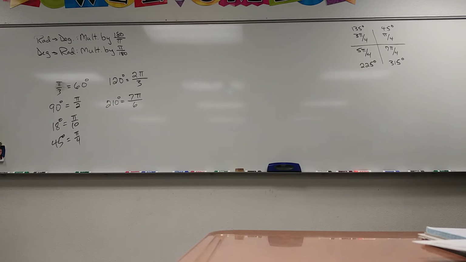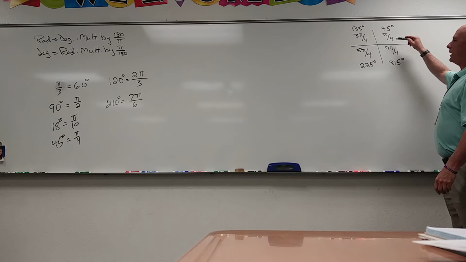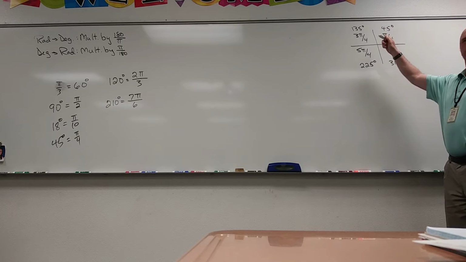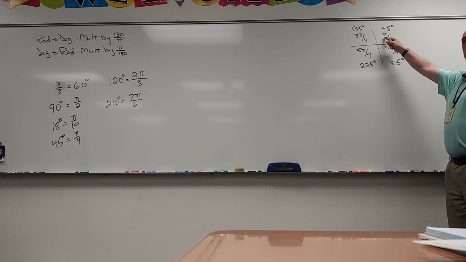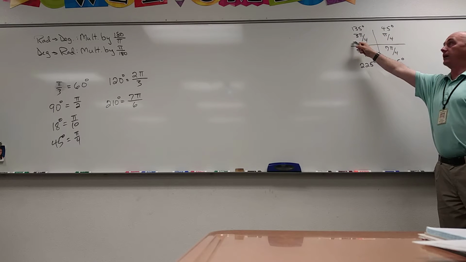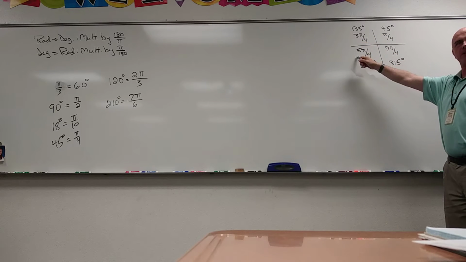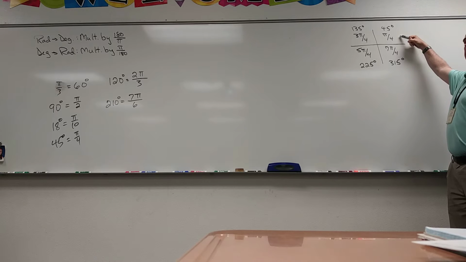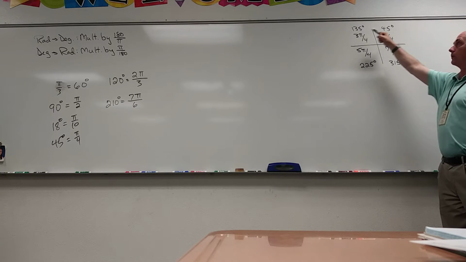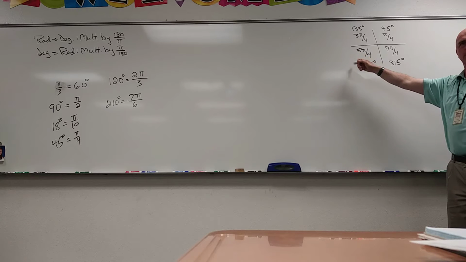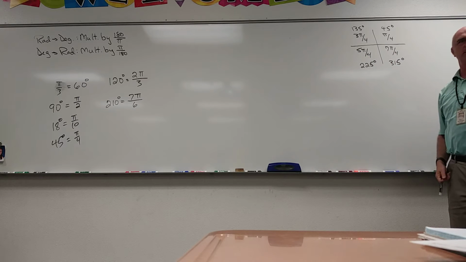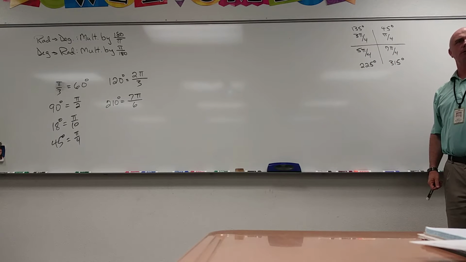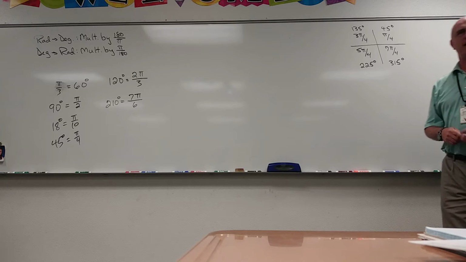And so you start to go, all right, oh wait, look at the numerators. 1 pi over 4, 3 pi over 4, 5 pi over 4, 7 pi over 4. Oh, so what would this be if we kept going? 9 pi over 4, 11 pi over 4, 13, 15, etc. Kind of makes it easier, doesn't it? So something to think about as you're going along.